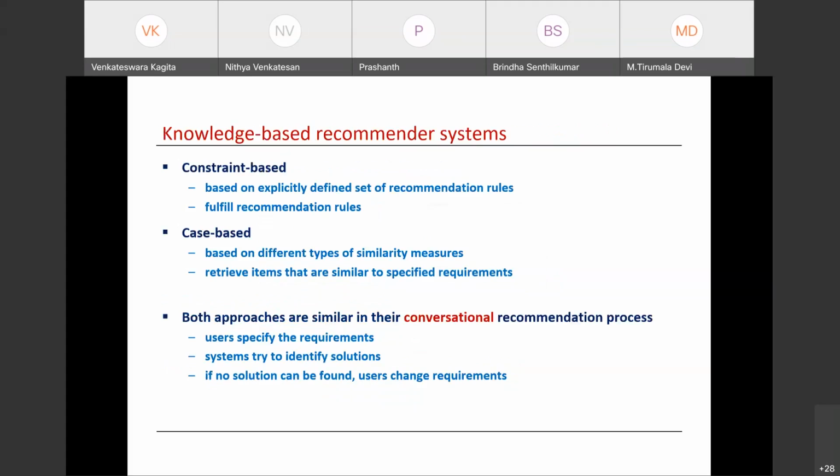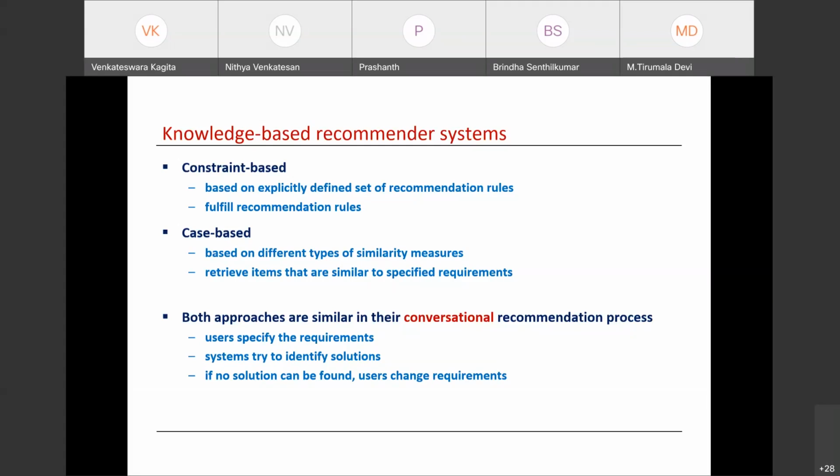There are two main types of knowledge-based recommender systems: constraint-based and case-based. Constraint-based: based on an explicitly defined set of recommendation rules, we recommend to the user. We want to match the requirements of the user with some item that fulfills these recommendation rules or constraints given by the user.